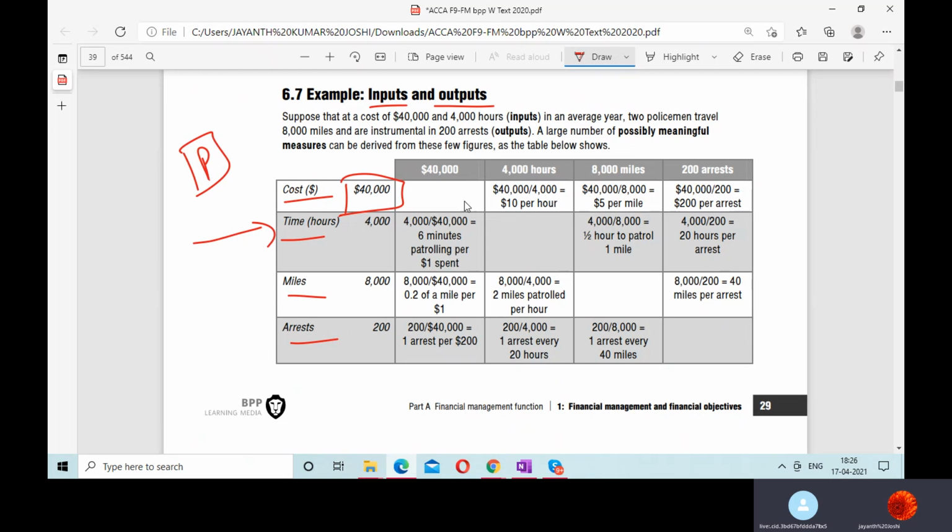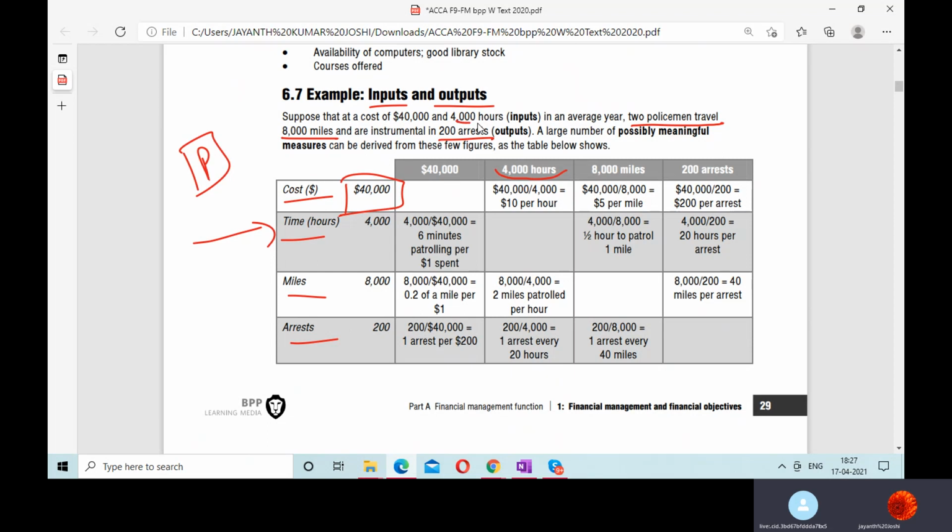For catching the criminals, two policemen travel this many miles and make this many arrests. Suppose 40,000 is the cost they are incurring and 4,000 hours is one of the inputs.